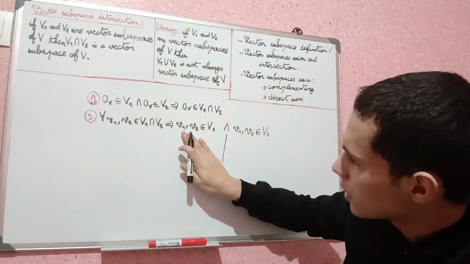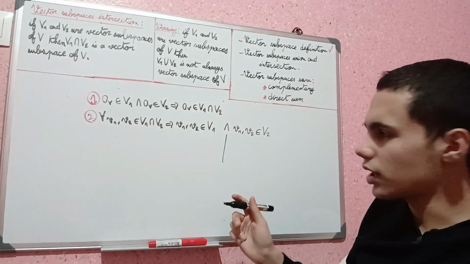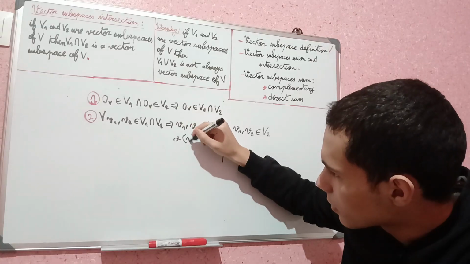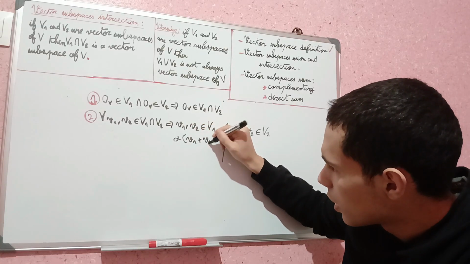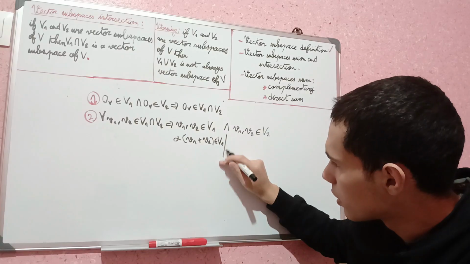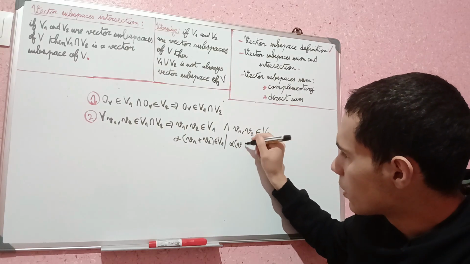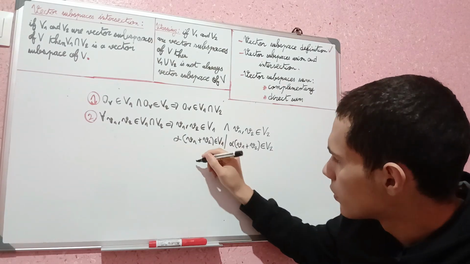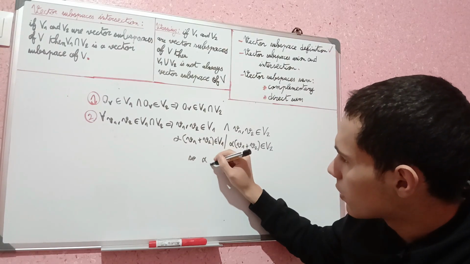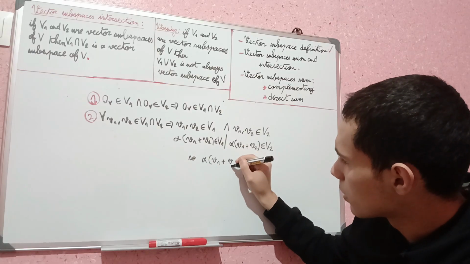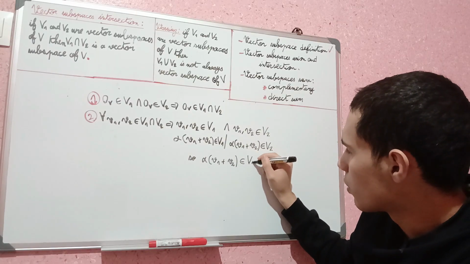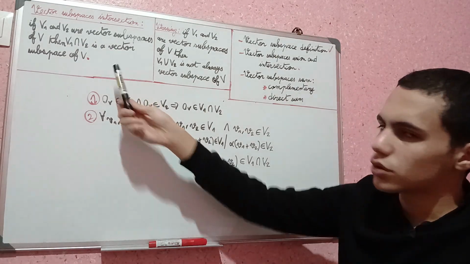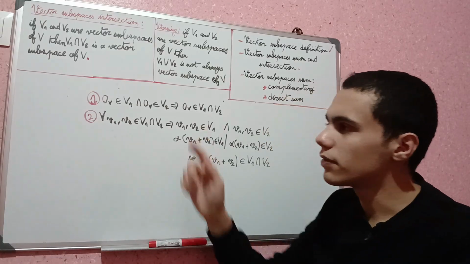Because they are vector subspaces, they are closed under addition and multiplication. So alpha v1 plus v2 belongs to V1, and also to V2. So alpha v1 plus v2 belongs to V1 intersection V2. Therefore, V1 intersection V2 is a vector subspace of V.